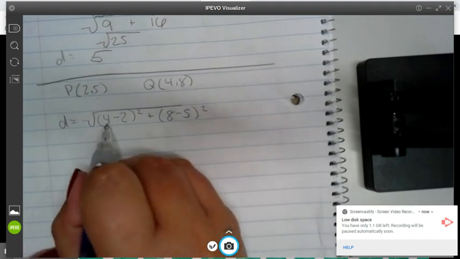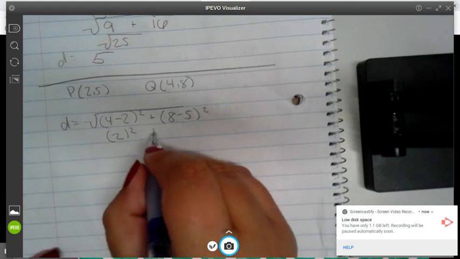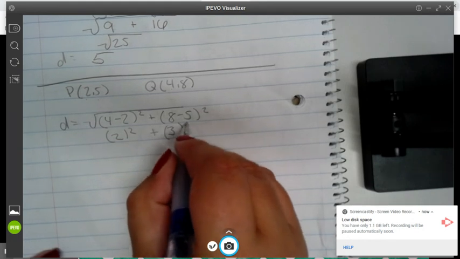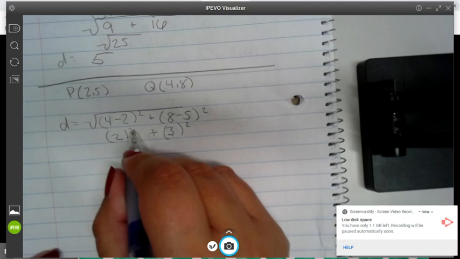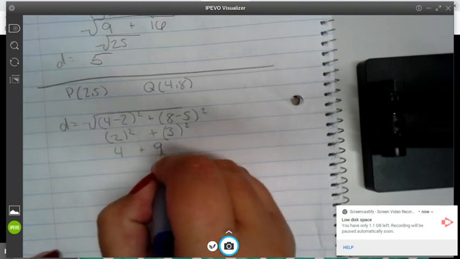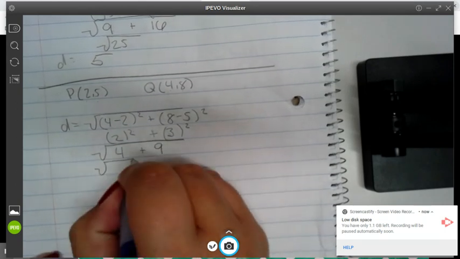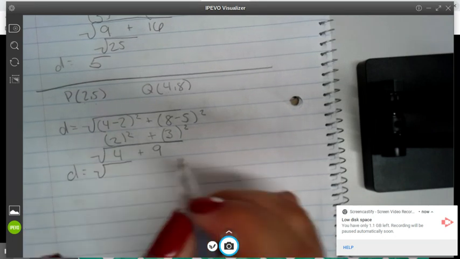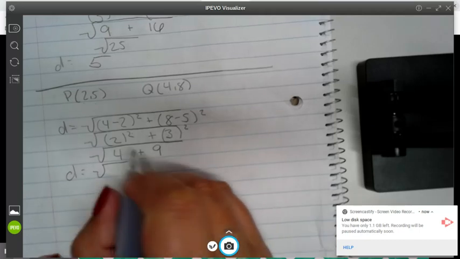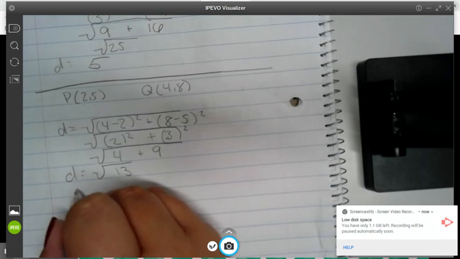We're going to do a little math. 4 minus 2 is 2 plus 8 minus 5 is 3. 2 squared is 4 plus 3 squared is 9, and we still need to find the square root here. If you want to put it on every line you can. So 4 plus 9 is 13, and the square root of 13.